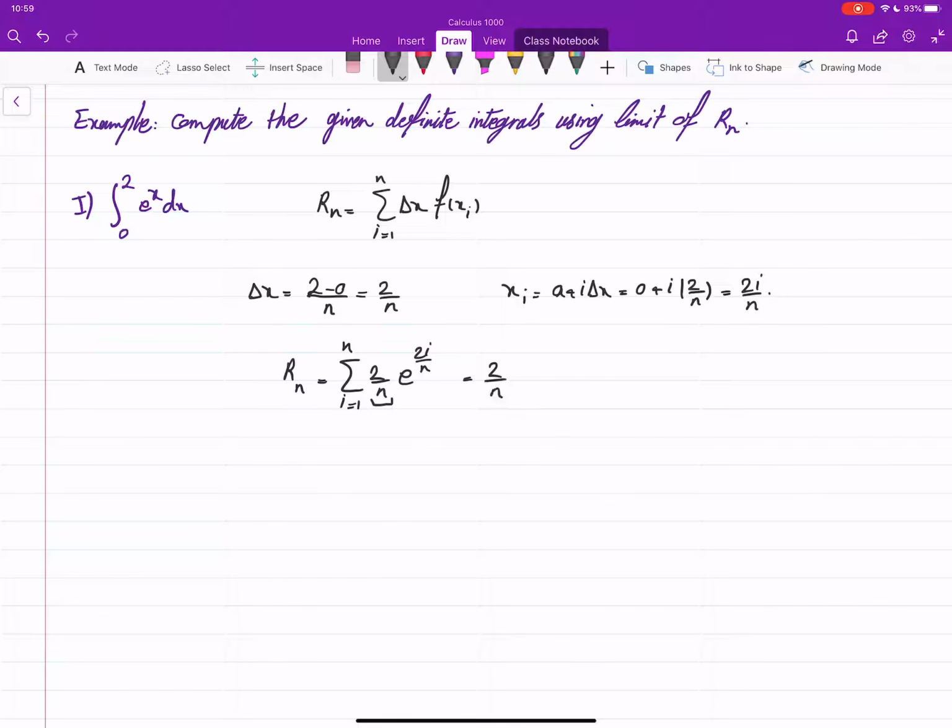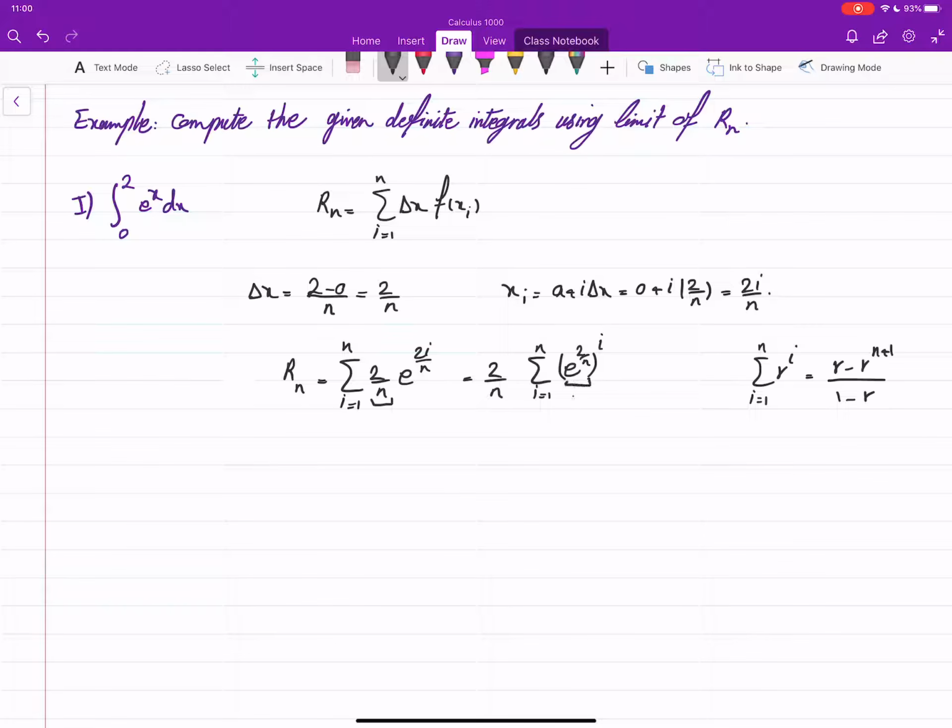But there is no i in the 2 over n, so I can put it outside. That's a constant in the summing variable. And I can write this as 2 over n times the sum of e to the power 2 over n, to the power i, i going from 1 to n. Remember, when we have the sum of r to the power i, i going from 1 to n, this is going to be r minus r to the power n plus 1 over 1 minus r.